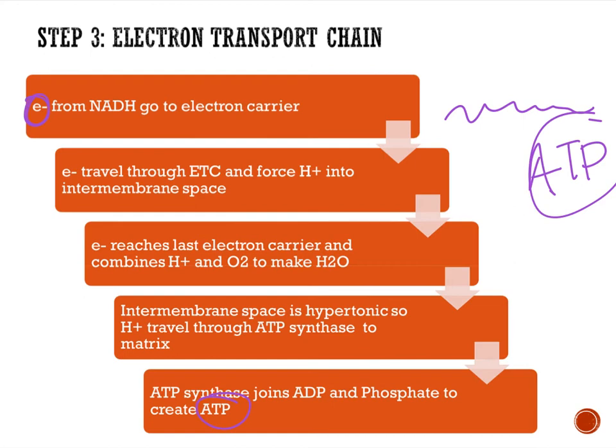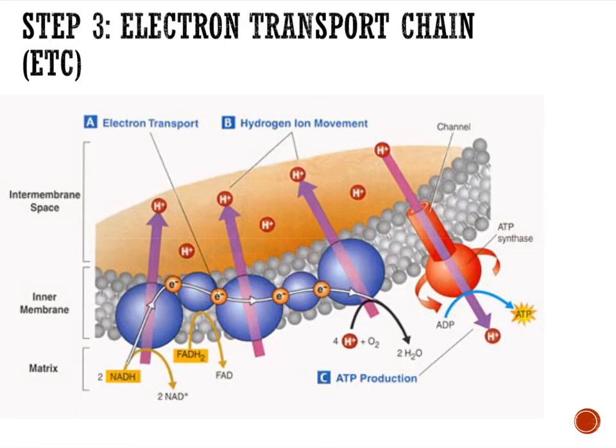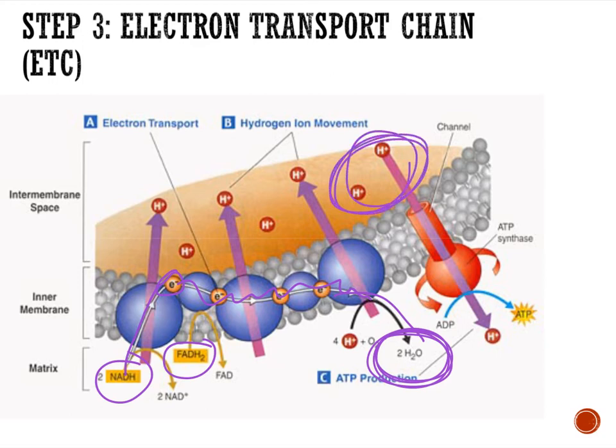So what does that look like in real life? Well, kind of this. So here are your bodyguards, right? Carrying these guys along. So we go boom, boom, boom, boom, boom, boom, boom. And at the very end, what happens is your electron forms water, okay? And it also facilitates this happening.